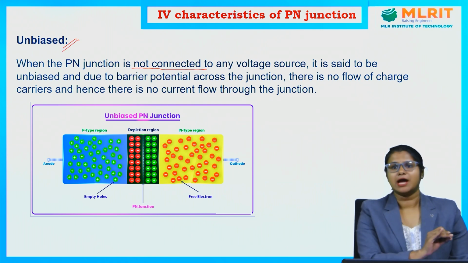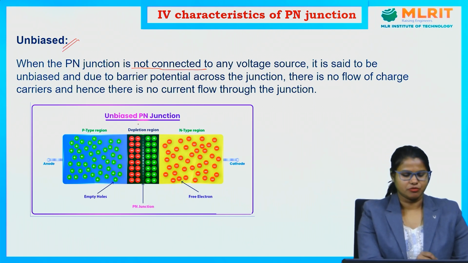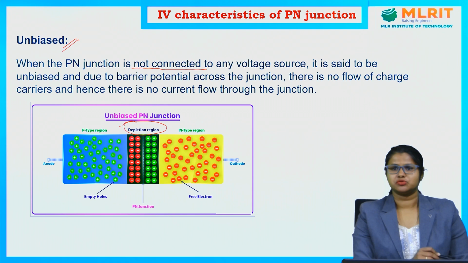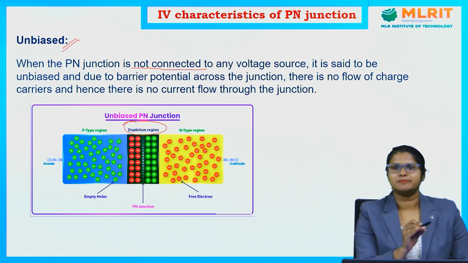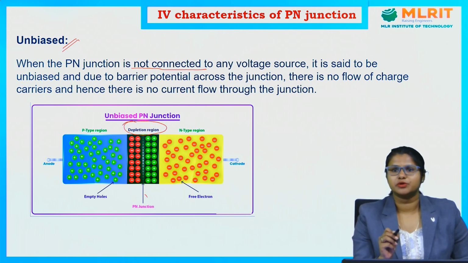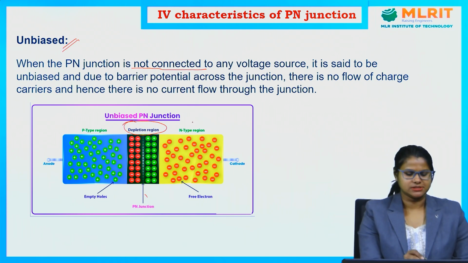As I have discussed about the depletion region, it develops a potential difference, which is known as the barrier potential. Due to that barrier potential, the charge carriers cannot cross the junction.